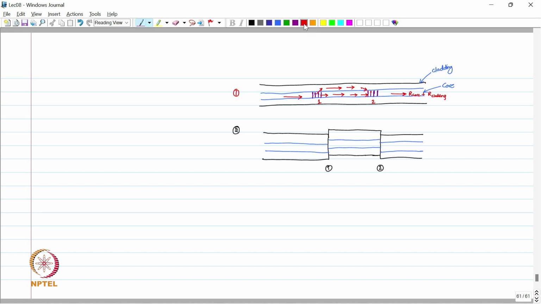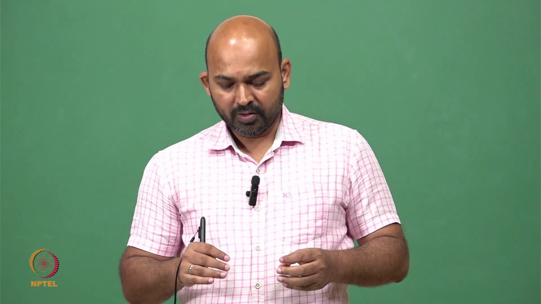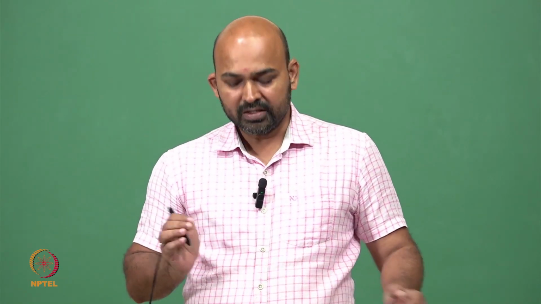These kinds of discontinuity also act like a refraction at this point. So some part will be traveling in the core and some part will be refracted into the cladding, and again at interface 2 this wave will be combined back, and we get this R core plus R cladding. So any discontinuity in the path of light causes the optical wave to refract into some other media. This is the second case.